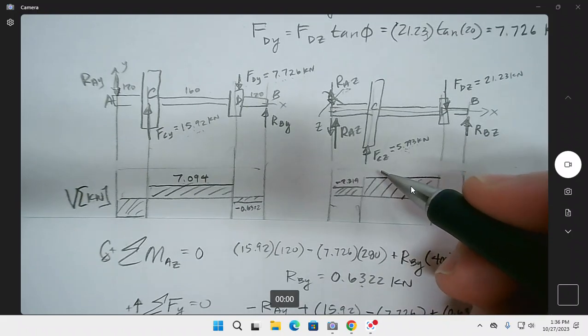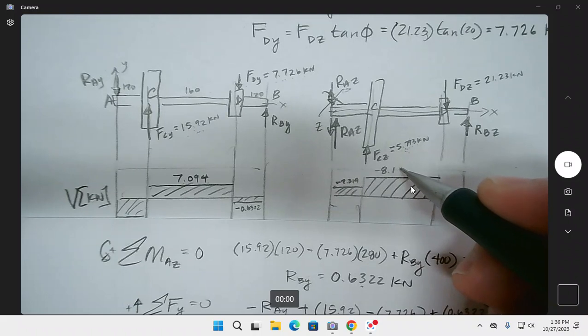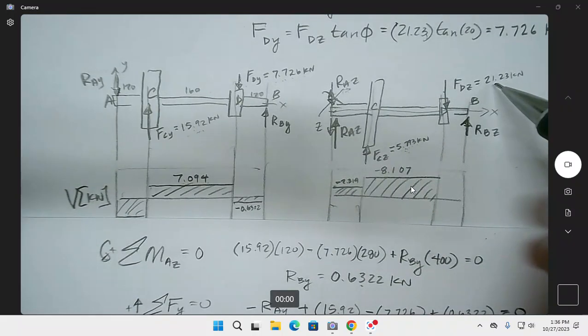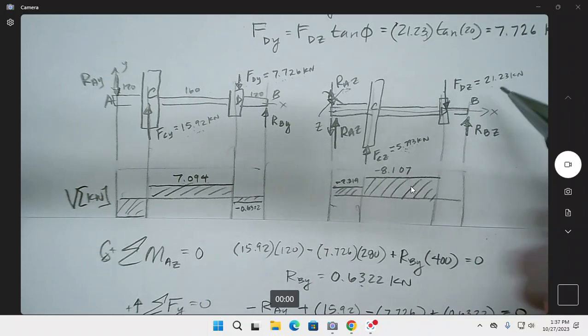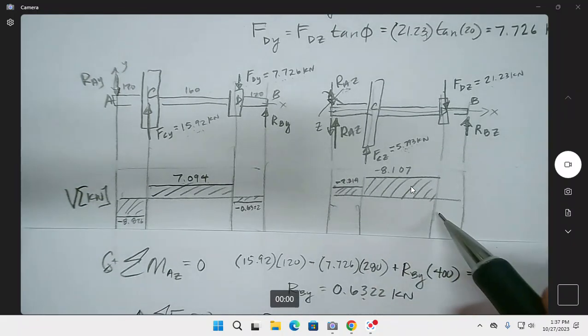And so that's going to be negative 8.107. And then we're going to go down, or in this direction, was actually adding to that 21.23. And we should get a 13.